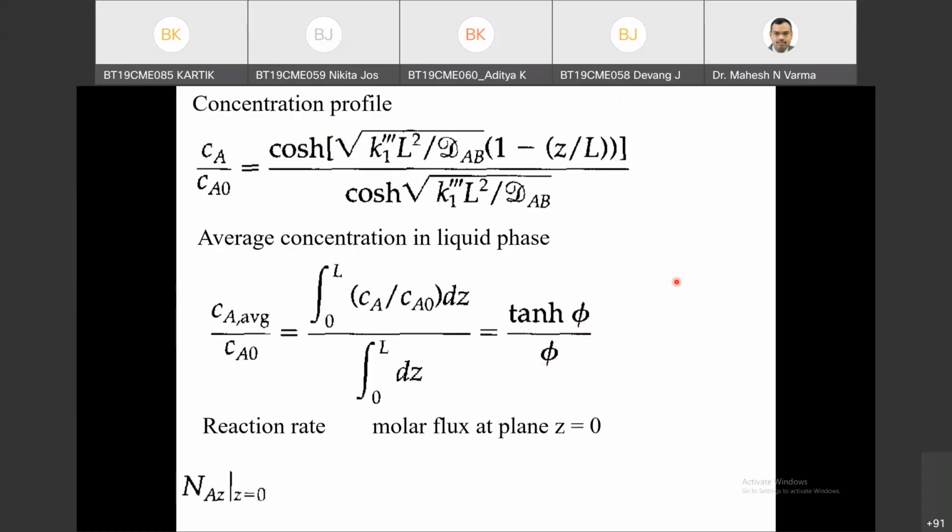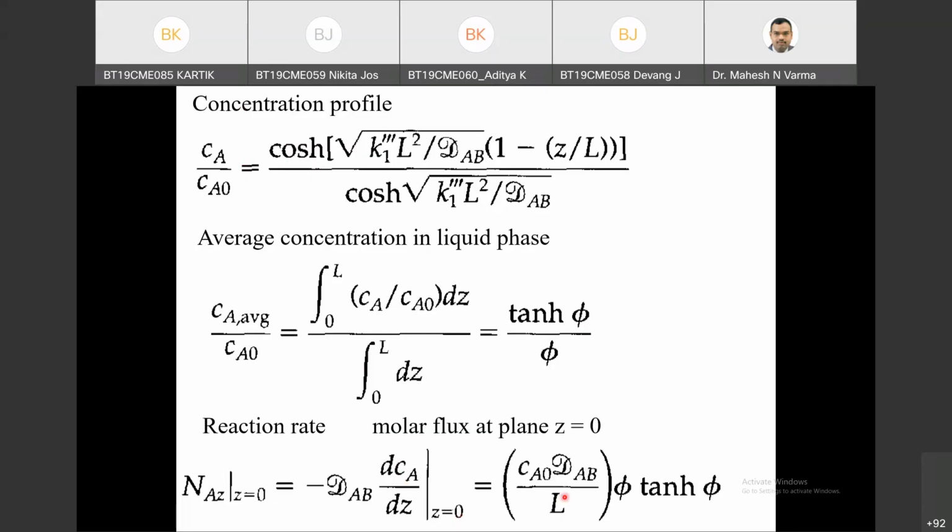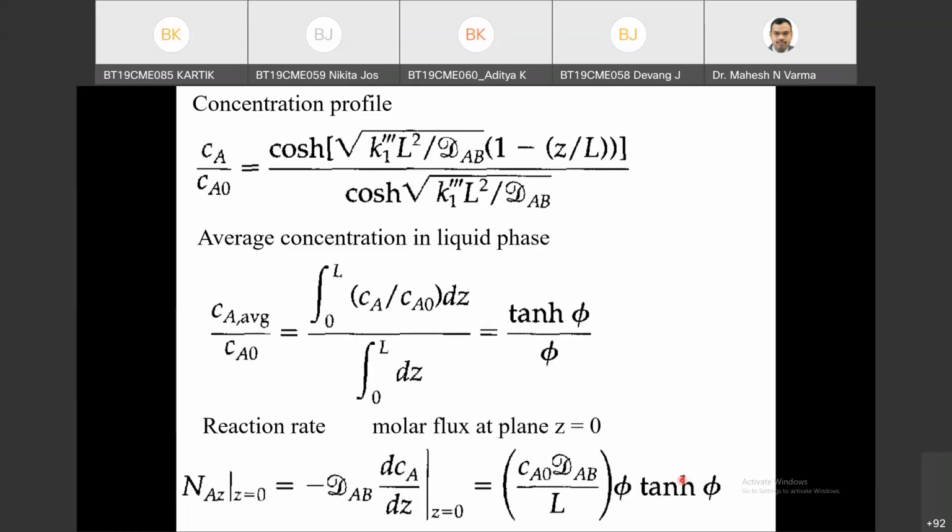The rate of consumption equals NaZ estimated at Z equals 0. So differentiate this equation and substitute Z equals 0. You should be getting Ca0 DAB divided by L, phi tanh phi, hyperbolic tan of phi. So this is all for today's class.